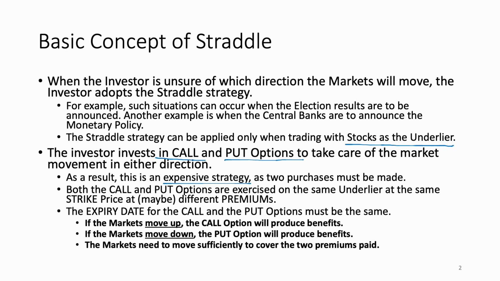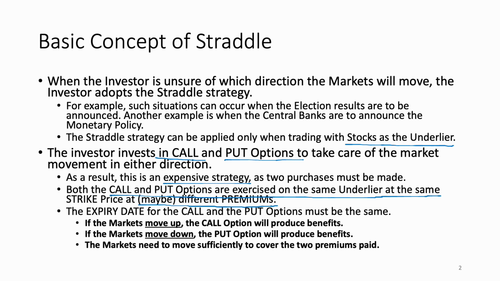Now, what happens is that the call and the put option, what the investor purchases, it is exercised on the same underlier for the same strike price, for the same quantity, and maybe the premiums are different for the buy of the call and buy of the put.